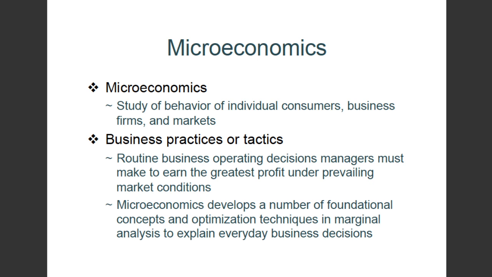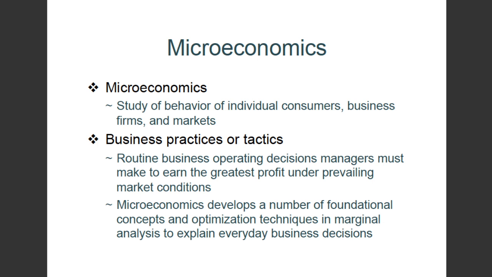So these are decisions like the optimum production level to maximize profit, how much input to use in order to produce a chosen level of output at the lowest cost, how much to spend on advertising, allocating production between two or more plants, and setting prices.